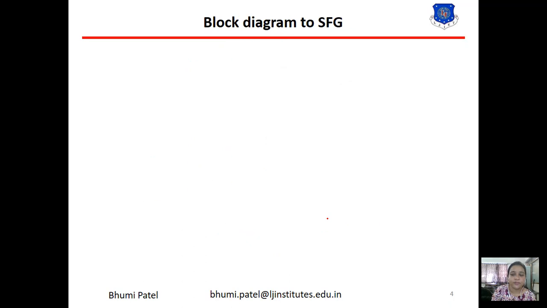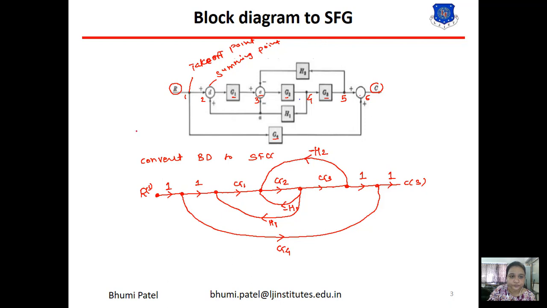Now the first step using Mason's gain formula is to find the number of forward paths. Forward path means starting from the input and ending at the output, with no reverse arrow.